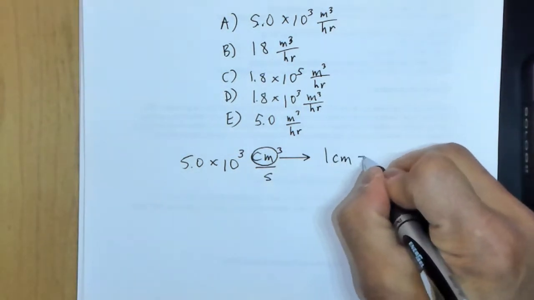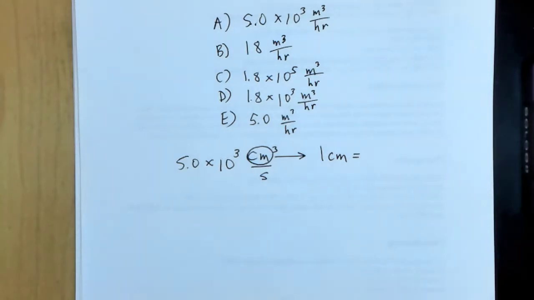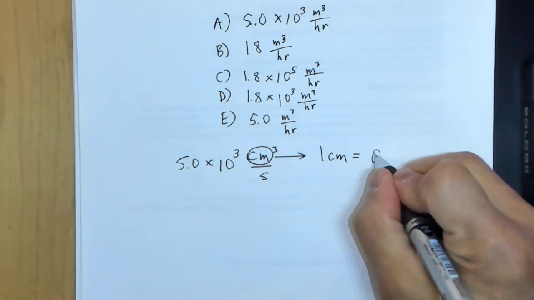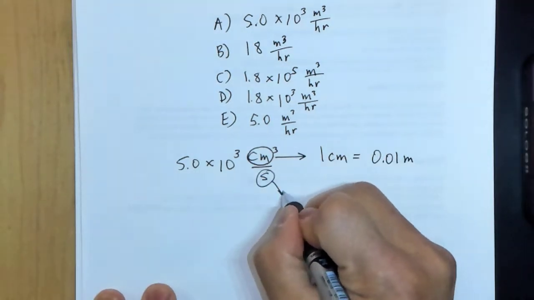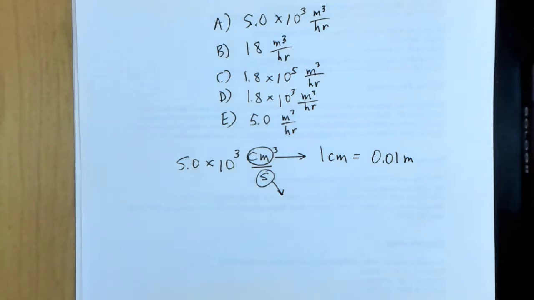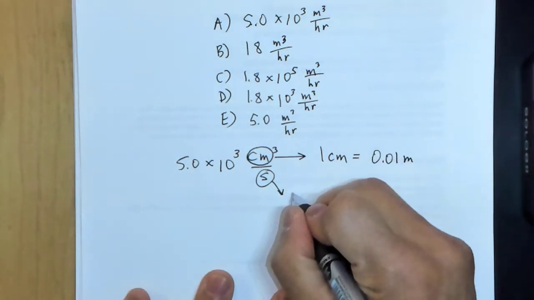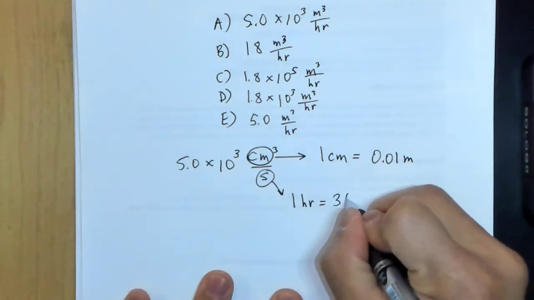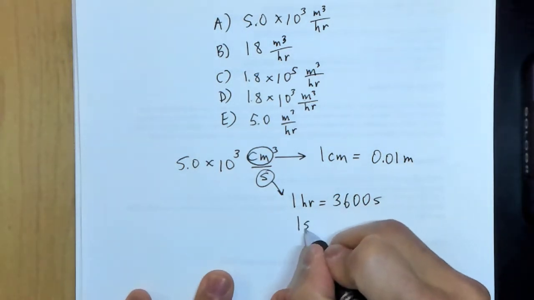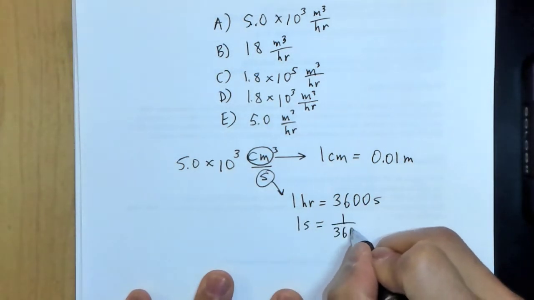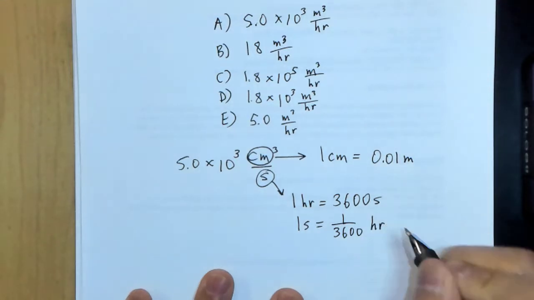1 centimeter is equal to how many meters? Point what? Yeah, 0.01 or 1/100th of a meter. So 0.01 meters. And then a second, I want to convert that into hours. So first of all, we have 1 hour is equal to 3,600 seconds. But I want to go the other way, so 1 second is 1 over 3,600 hours.